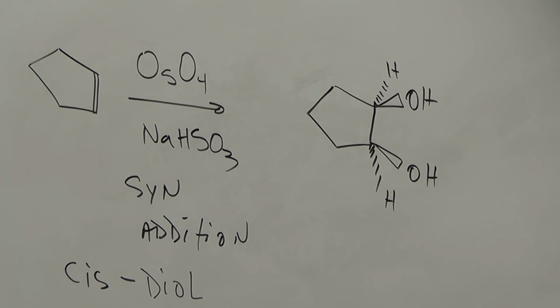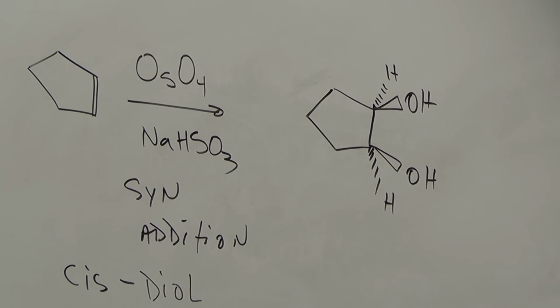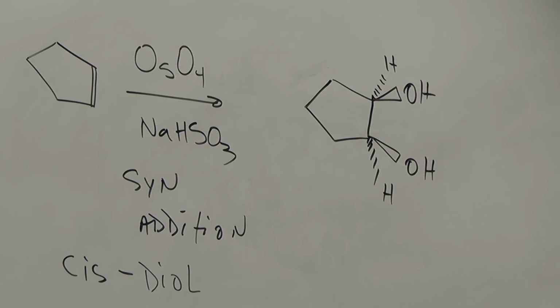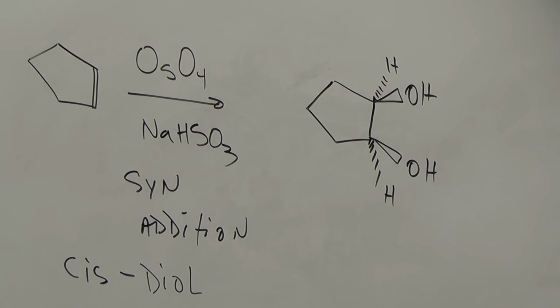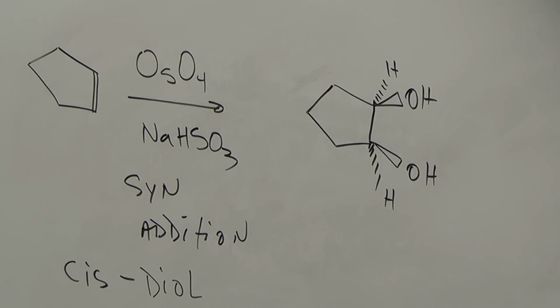Is there a way that we can get a trans diol? Yeah, there is. You can't switch them without a reaction, obviously. Sometimes all options are not available, but yes, there is a way to do it.